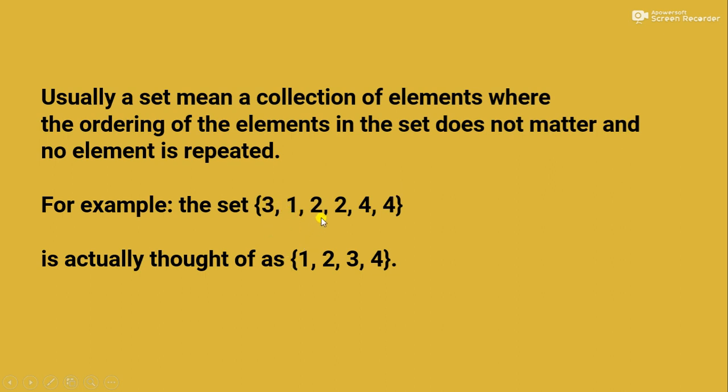If we have repetition in a set, then we need to take it as one element. So in general, a set is a collection of elements where repetition is not allowed.